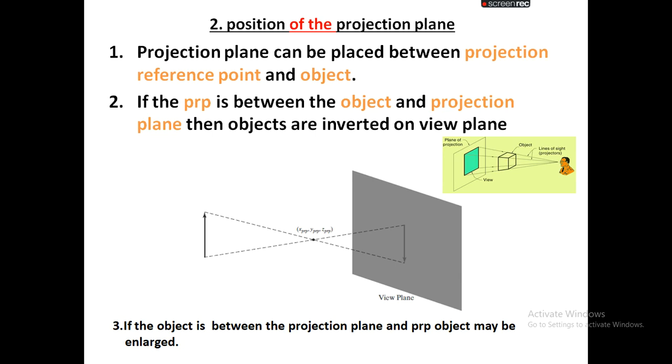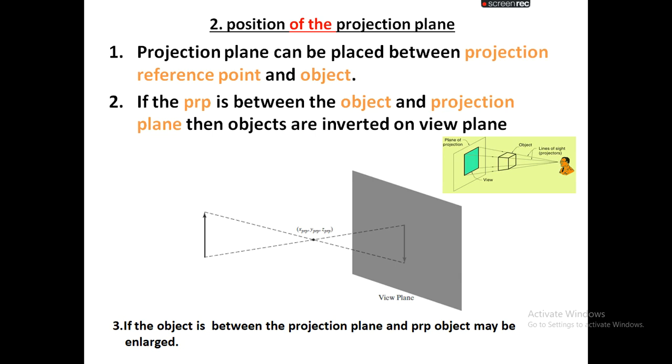So these three examples represent placing the projection plane in three different places. First, we kept the projection plane between the object and the projection reference point. In the second example, we placed the projection plane at the end. At the end means first we have an object, next we have a projection reference point.